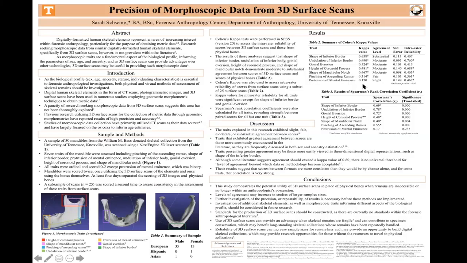Up here in table 2, we can see the results of agreement between my scores for 3D remains and my scores for physical remains. That second column in table 2, entitled kappa value, shows the kappa values for that first test, between dry bones and virtual bones.